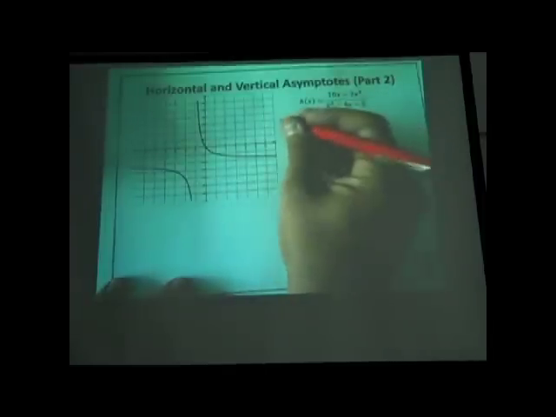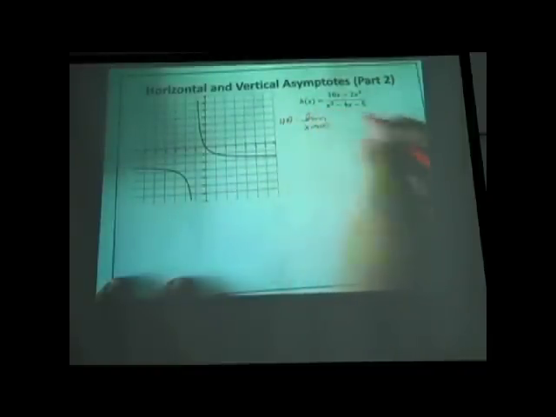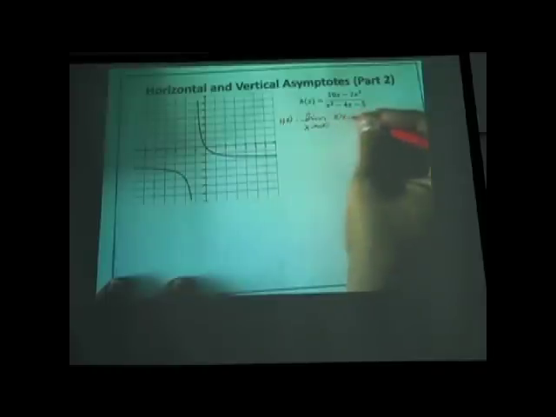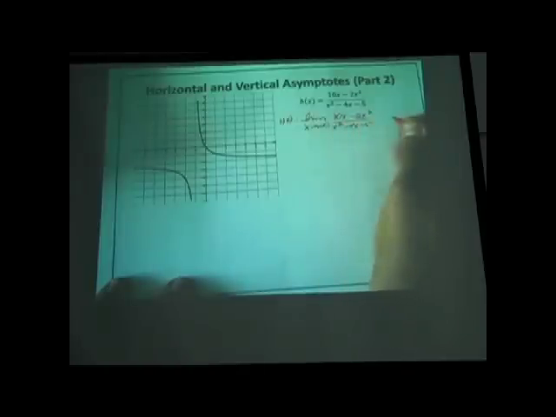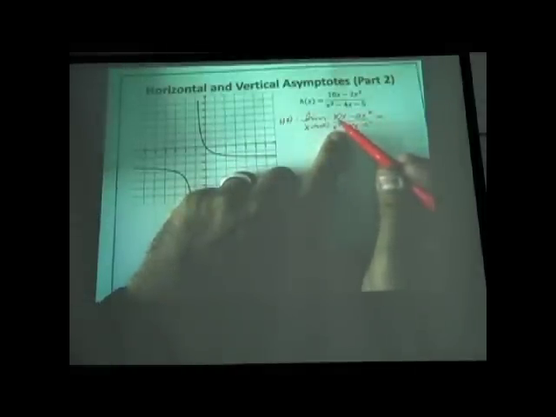Let's have the horizontal asymptote conversation. Horizontal asymptote, take the limit as x approaches infinity, 10x minus 2x squared over x squared minus 4x minus 5. Well, what happens there? In the numerator, I have 10x minus 2x squared.